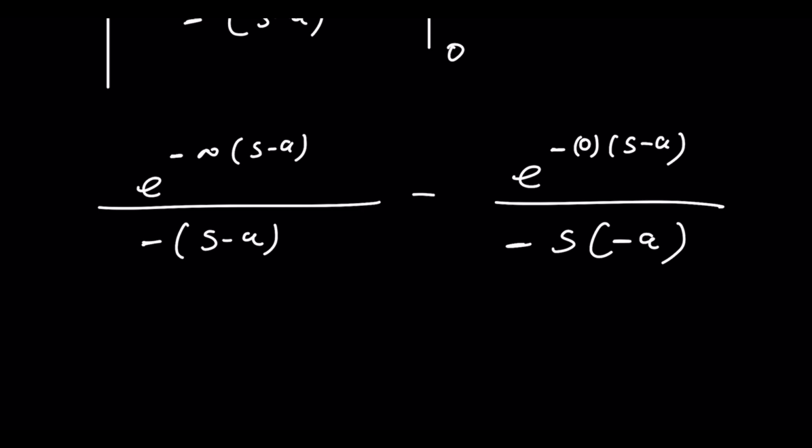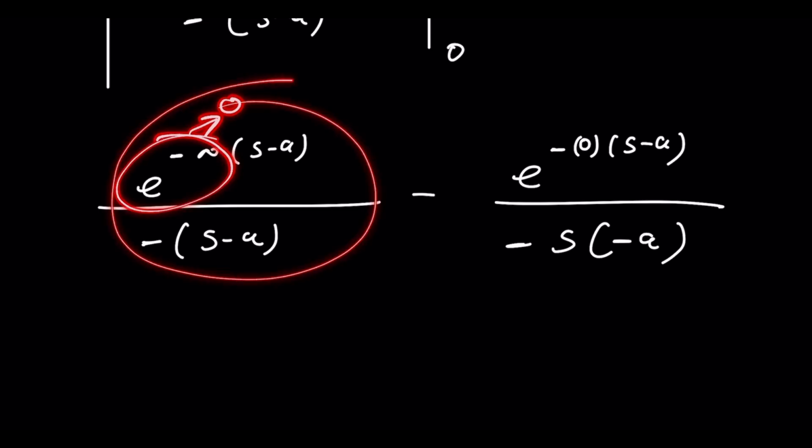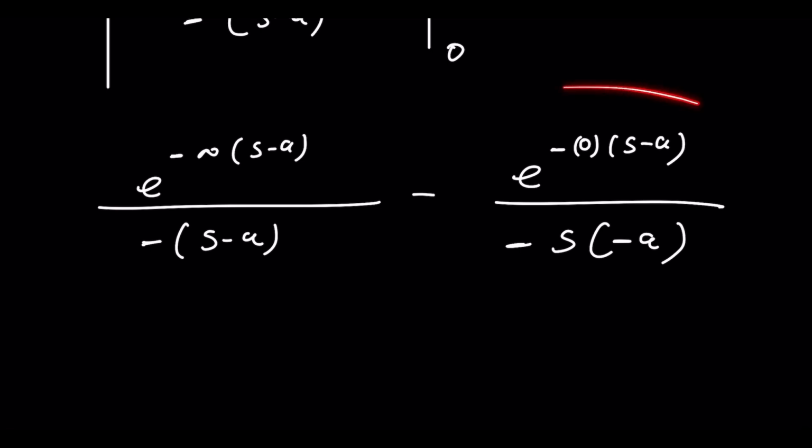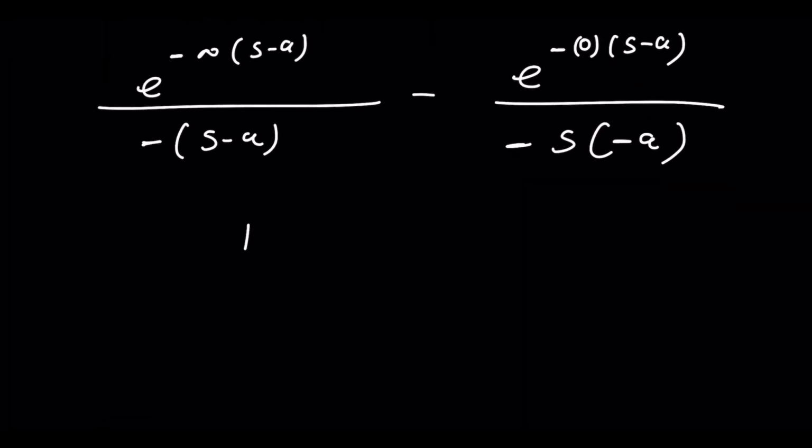So e power negative infinity becomes 0, meaning that this entire expression is going to become 0. This is going to be leaving us with this final answer. E power negative 0 is going to be giving us 1. So the final answer is going to be 1 divided by s minus a.